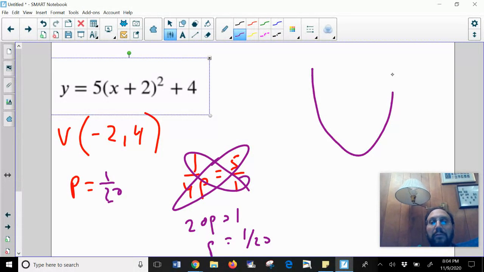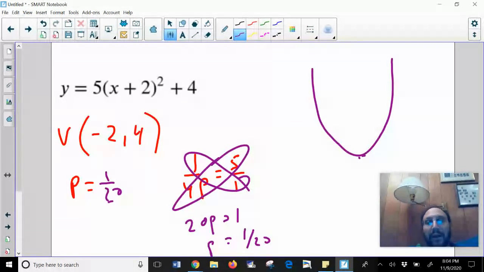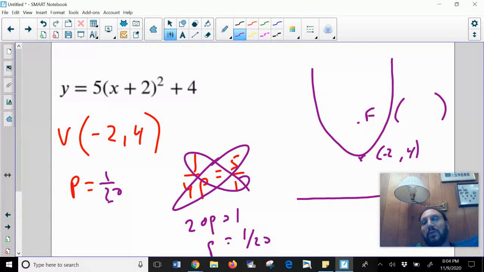Now, if we know what parabolas look like, this is a parabola going up. It's going up from -2, 4. The focus is 1/20th up from -2, 4, and the directrix is 1/20th below -2, 4. So what I'm looking at changing for focus and directrix is the y value because it's going up and down from there. So the focus would be 4 plus 1/20th, right?